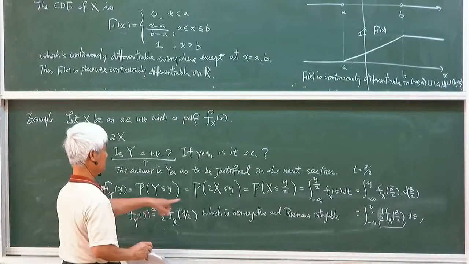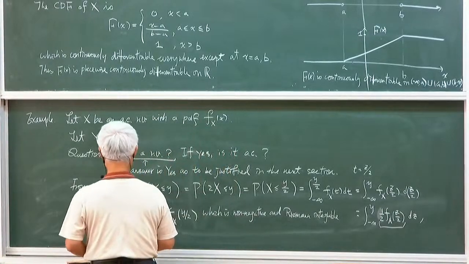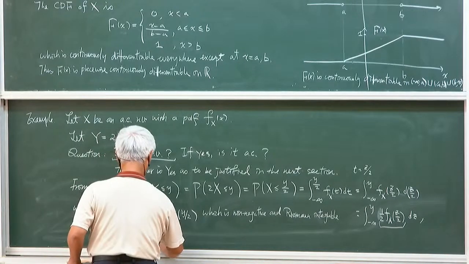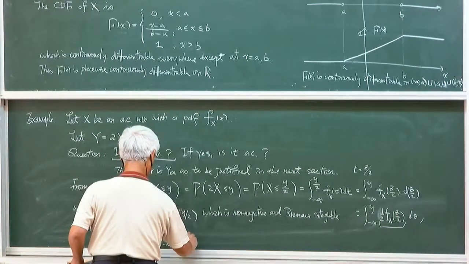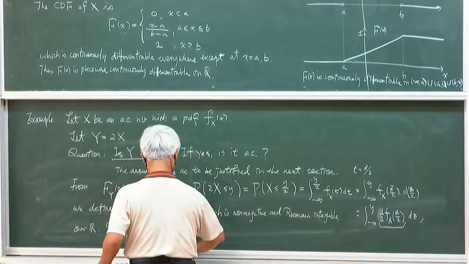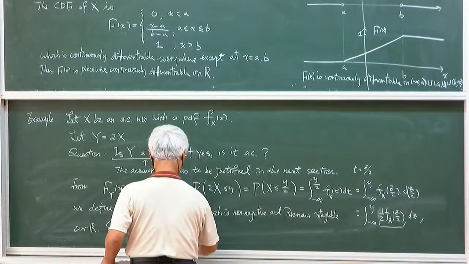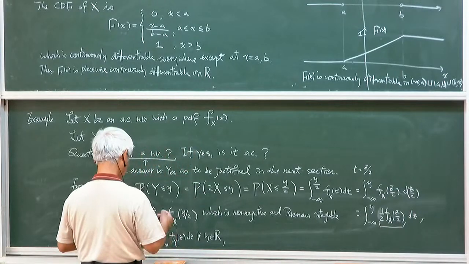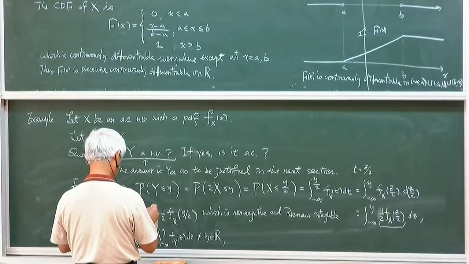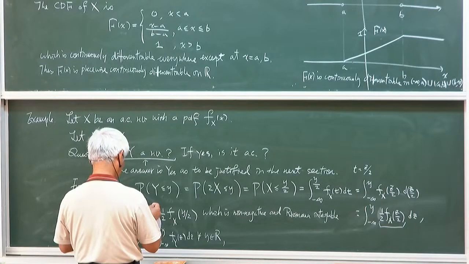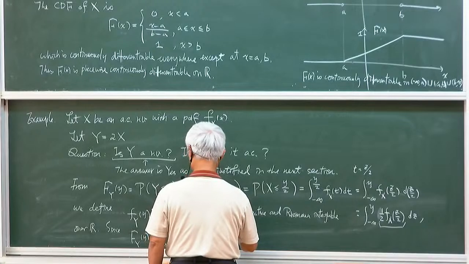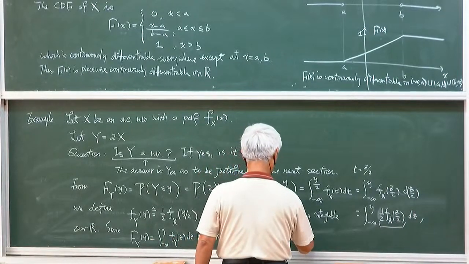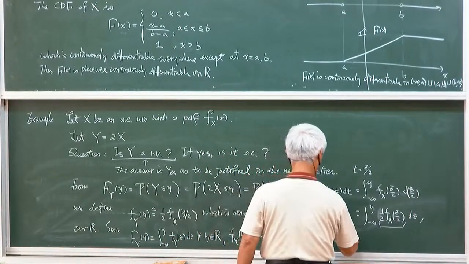And from here, since F_Y(y) is equal to the integral from minus infinity to y of this function, for all y, this function is a PDF of Y, and then Y is absolutely continuous.